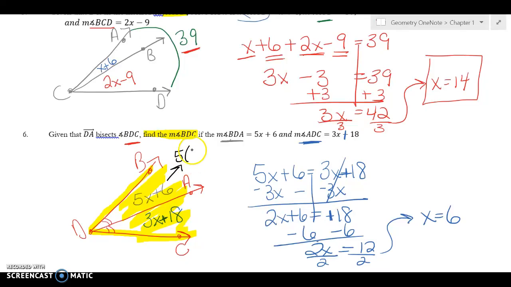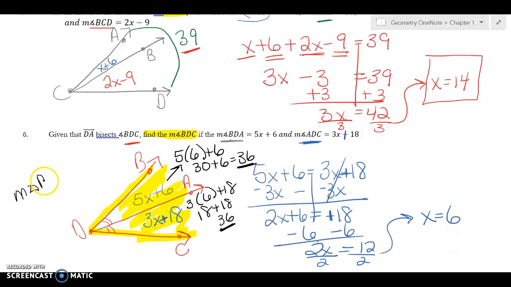So it'll become 5 times 6 plus 6, which is 30 plus 6, which is 36. Now I can plug it in here, and I should get the same thing because it's bisected, but let's double check. So 18 plus 18 is 36. So I have one small angle that's 36 and the other small angle that's 36. So that means that the whole thing is 72.